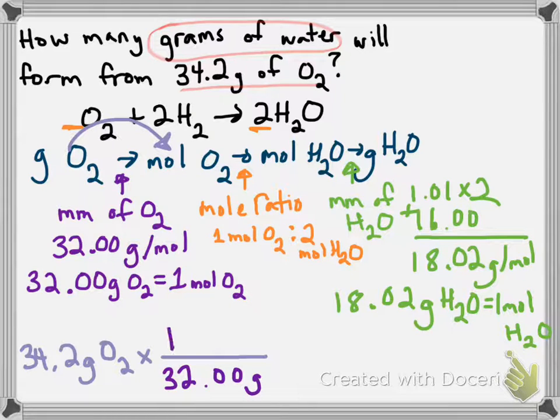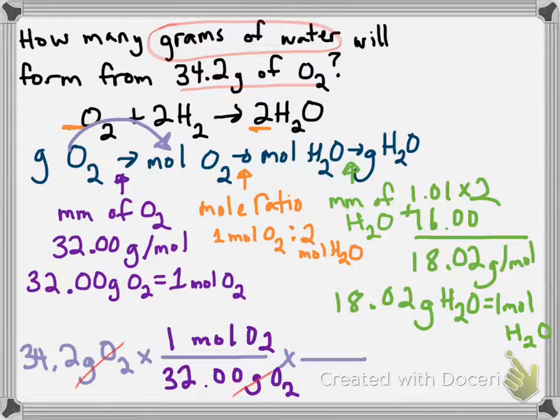And I'm going to moles, so moles goes on top. So at this point, my grams of oxygen cancel out. It should be grams of O2, so that cancels out, and I'm left with moles.